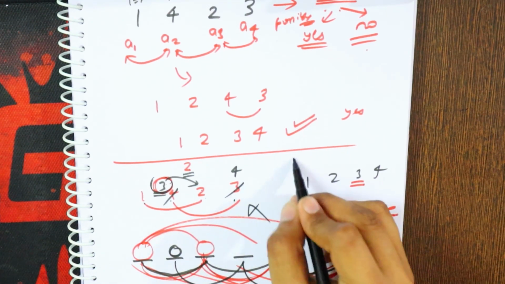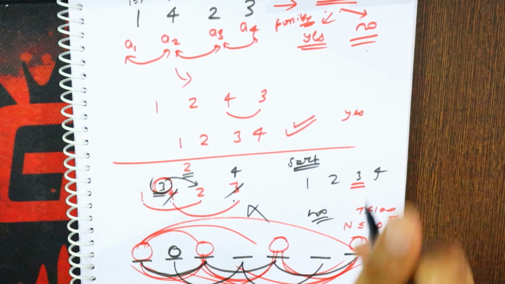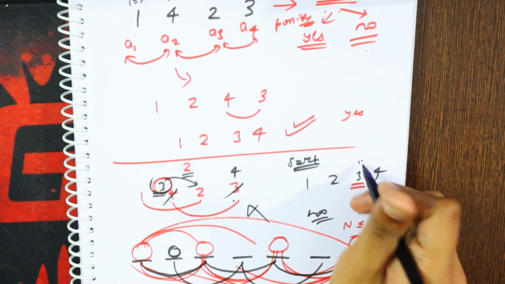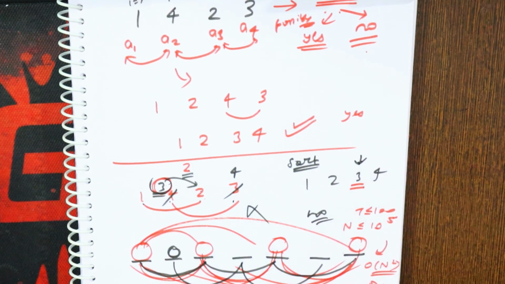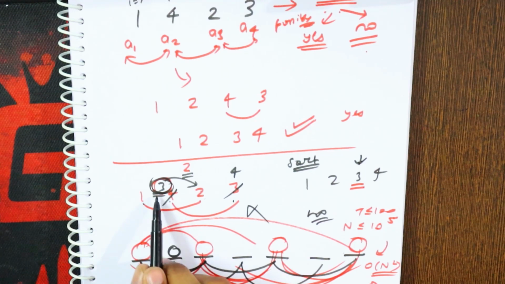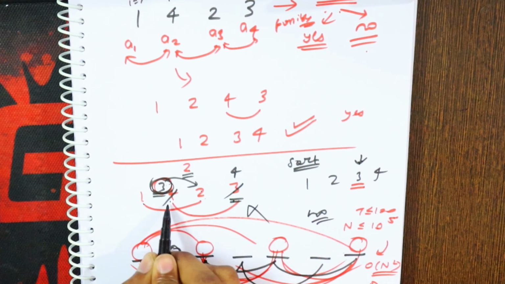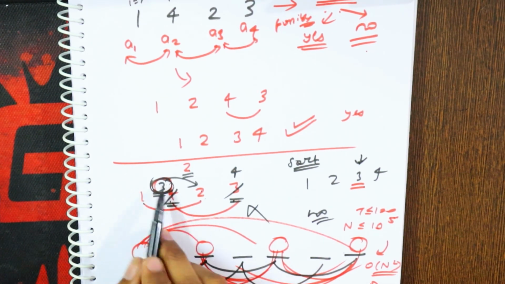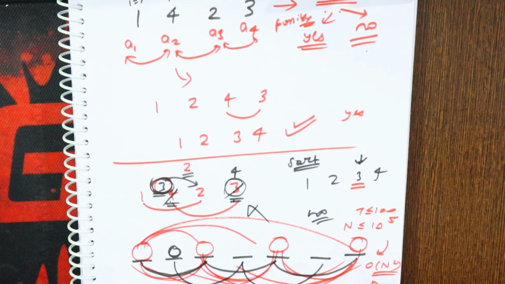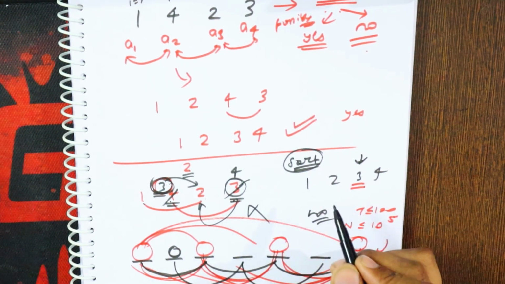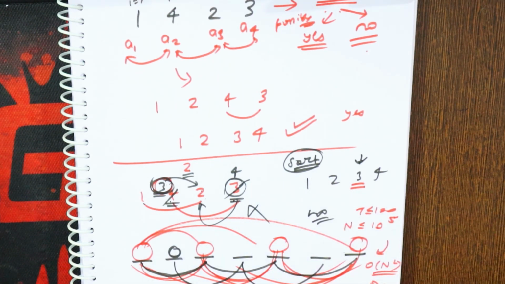Because when I sort it, the actual place of this 3 is basically index 3.